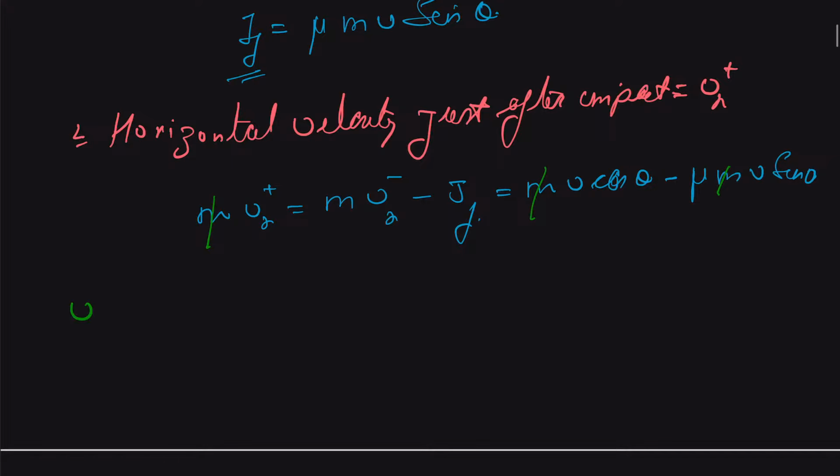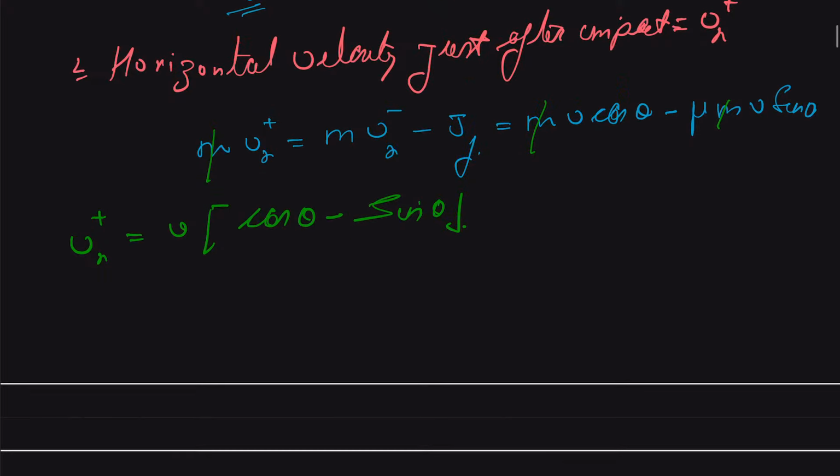So we get Vx positive, V can be taken as common, so this comes as V times cos of theta minus mu sine of theta.